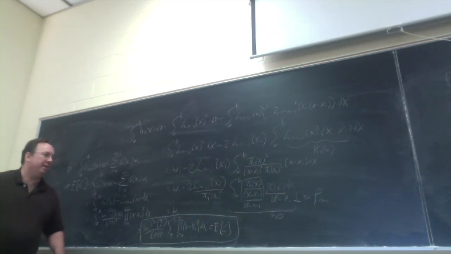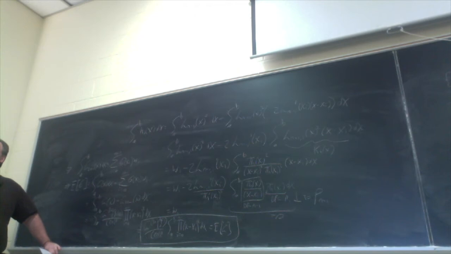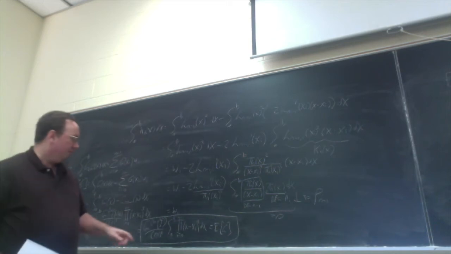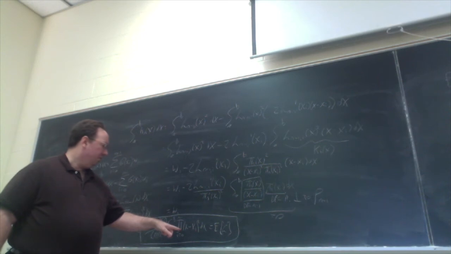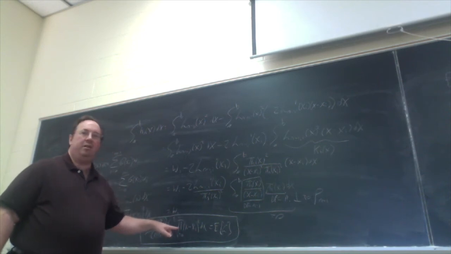Any questions about how this was derived? Yes? Based on the formula that we had previously for error, that must be the product of x minus xi to the power of 2n. Well, each individual factor is squared.